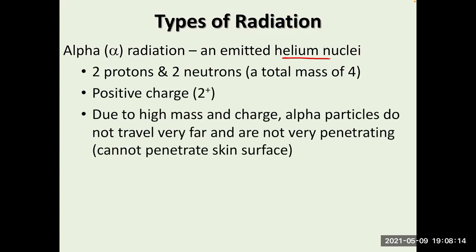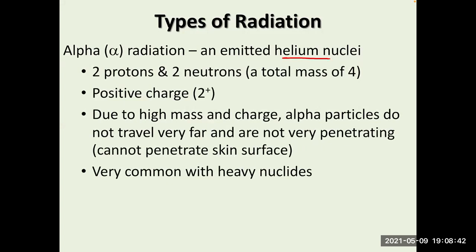Due to its high mass and high charge, the alpha particles do not travel very far and are not very penetrating. They can't even penetrate through the surface of our skin. So these are really big, heavy, chunky types of particles. I mean, they're still particles, but in terms of the size of any other particle, it is essentially a helium charged nuclei.